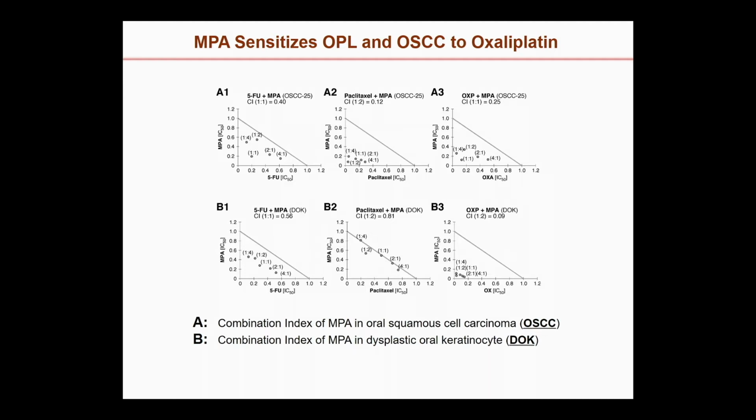The middle column is the different drug combinations. So what we found is that the specific combinations, mycophenolic acid with oxaliplatin, can synergistically kill both the cancer cells shown on top, A3, as well as the precancerous cells in B3. So that is our drug basis for this device.